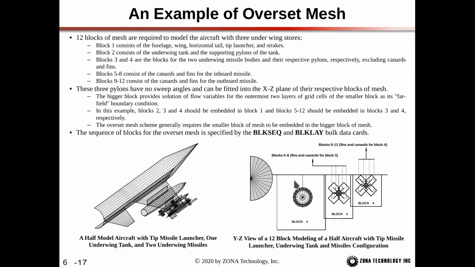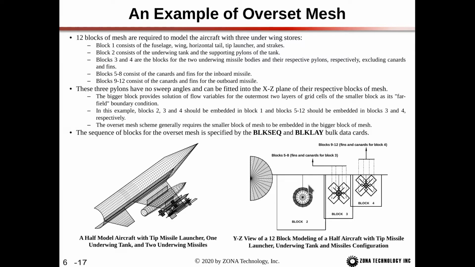So when we're interpolating the main block flow solution to block 2, we don't want block 2 to go up above the upper surface of the wing, because then the far field boundary condition of block 2 would be seeing the flow above the wing, which is obviously not physically correct. Block 2 should only be seeing the flow below the wing. So we accomplish that by setting the boundary of block 2 right up against the wing.